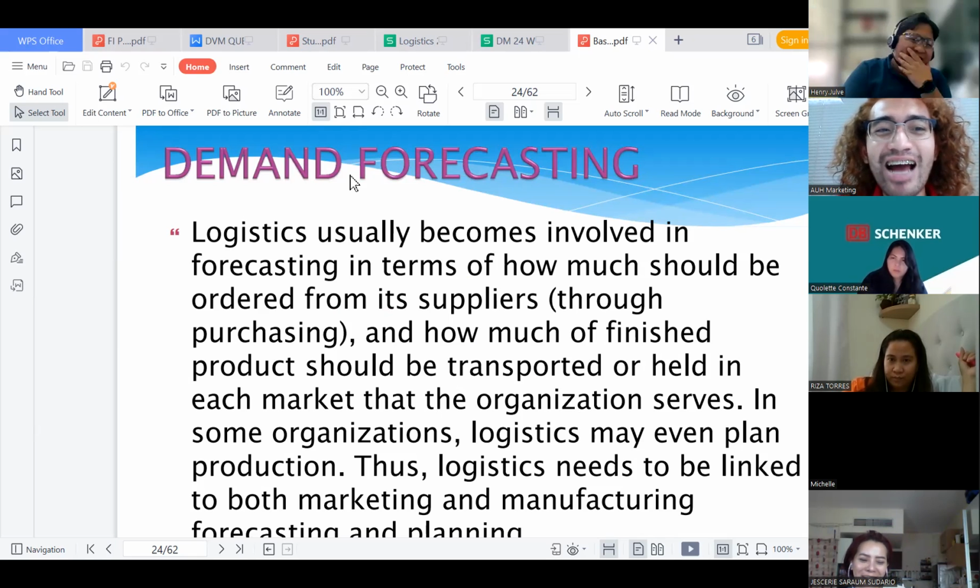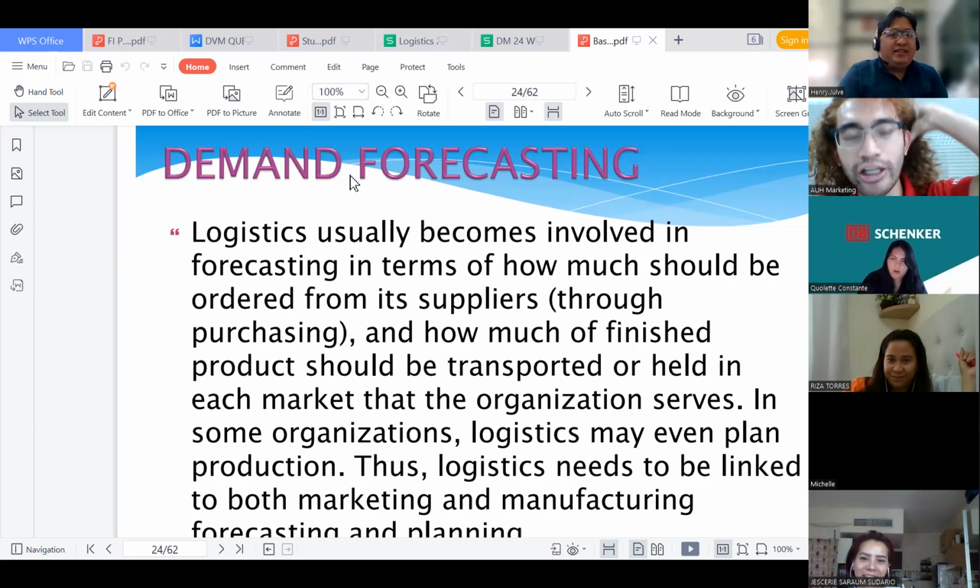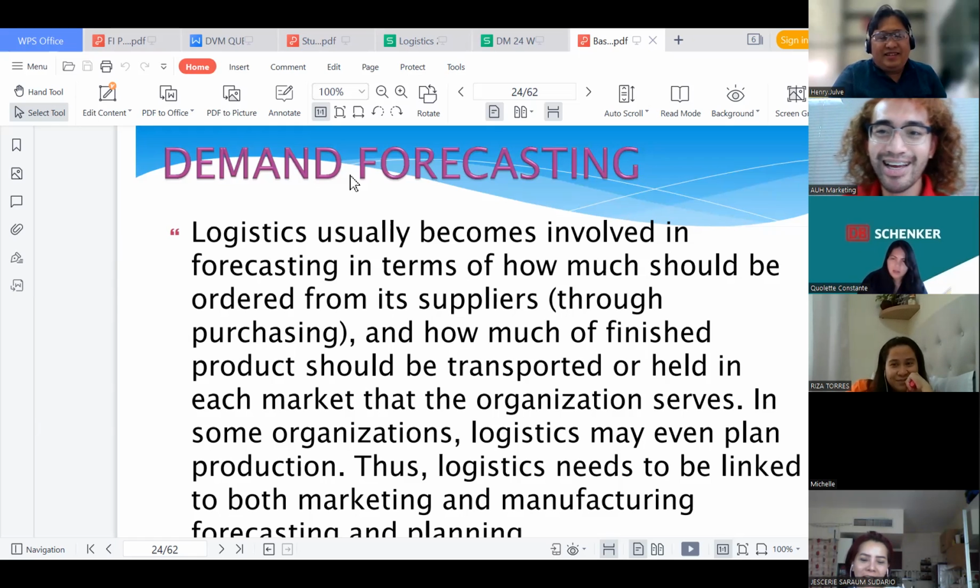Forecasting already. Who went home last? How much would the budget be? 100,000? How much is the budget for going home in June? That's not enough. Actually, sir, we are planning to go home for vacation this coming July 27.